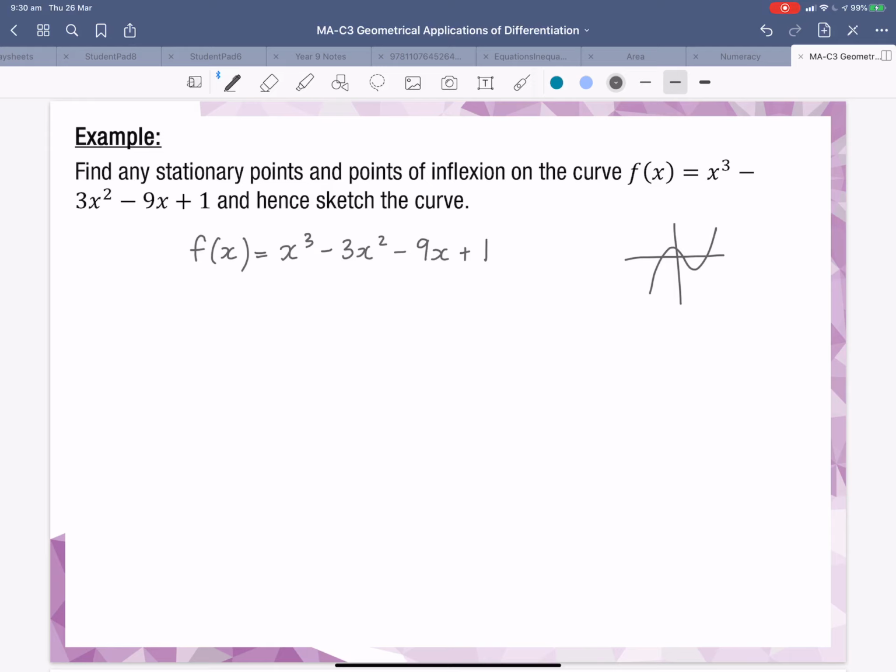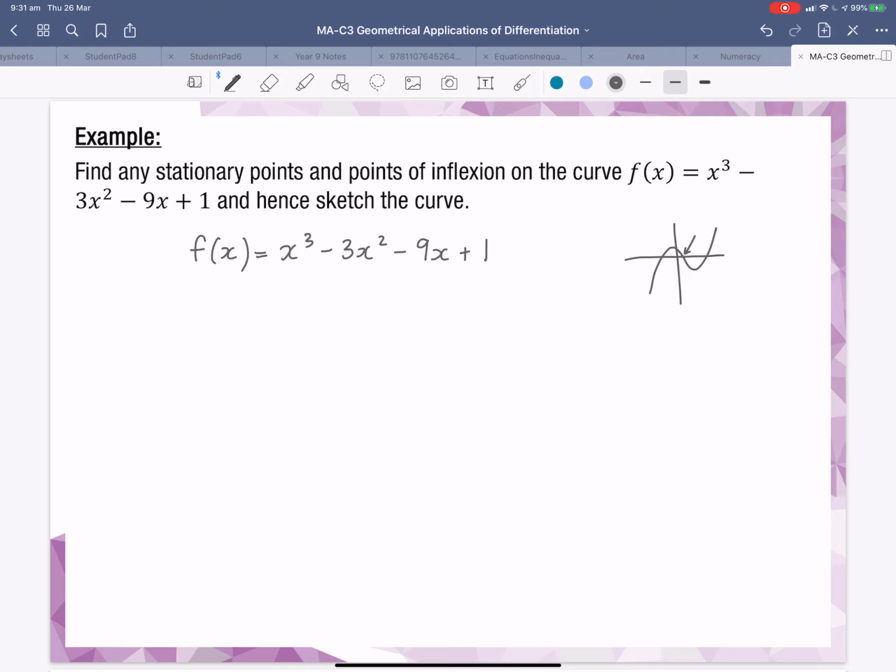So we're expecting, because our leading coefficient, the number in front of the x cubed, is positive, it's going to be facing that way. So we're expecting to find a maximum, a minimum, and somewhere in between them, round about there, a point of inflection where we change from being concave down to concave up.